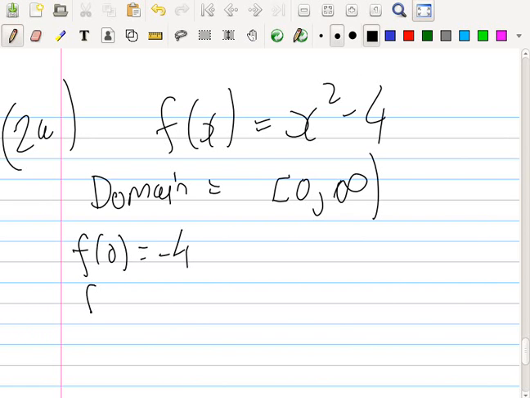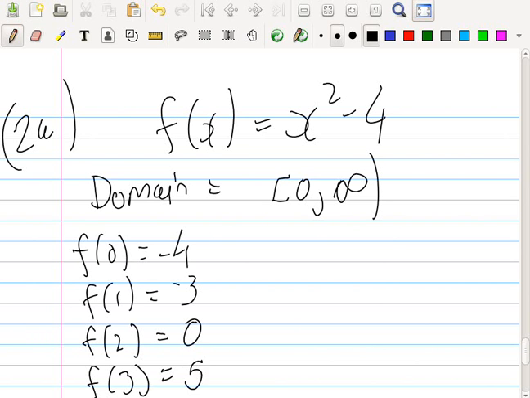Minus 4. What's f(1)? Minus 3. f(2)? No. 0. f(3)? 5. As you go through this list, will you ever see the same number again? So I've made it 1 to 1 now, and I've made it 1 to 1 by restricting my domain.